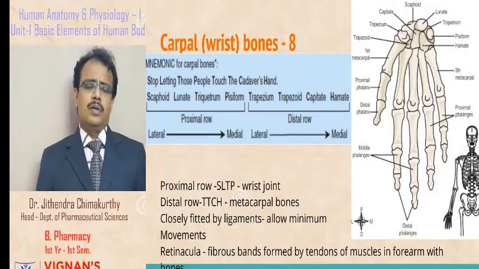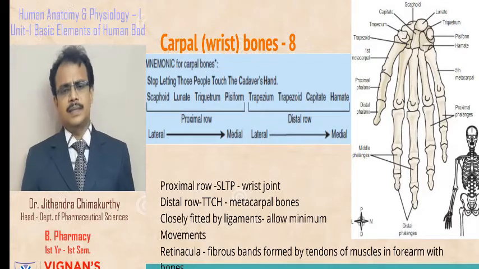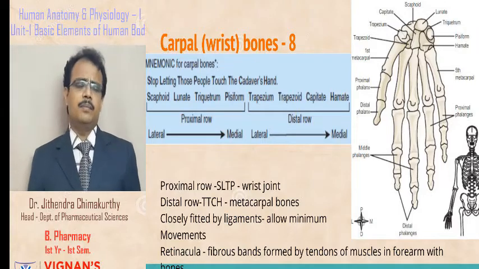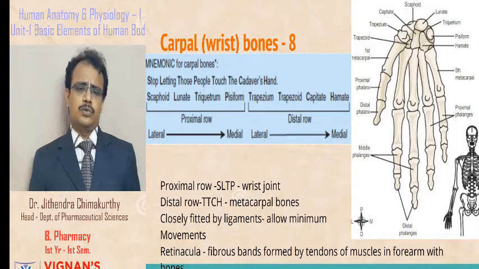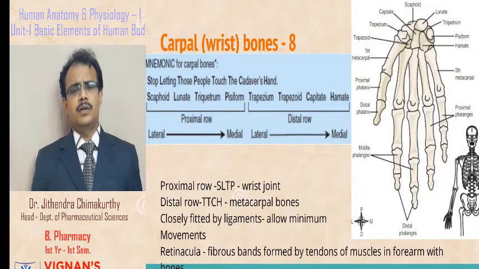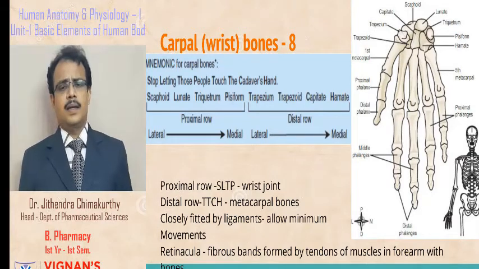The distal row consists of 4 carpals: trapezium, trapezoid, capitate, and hamate.